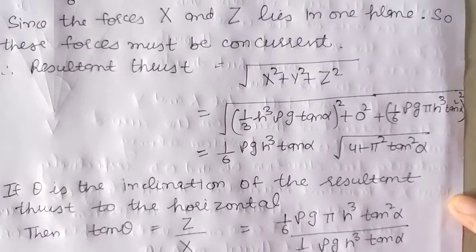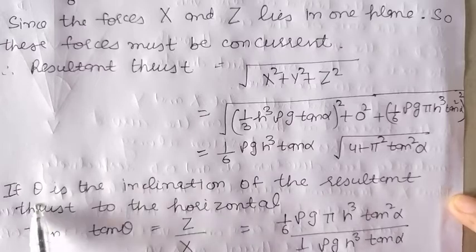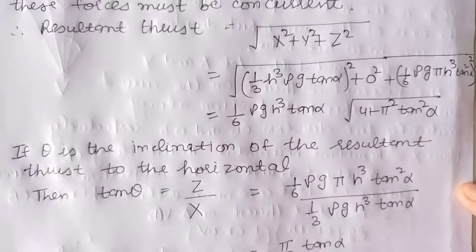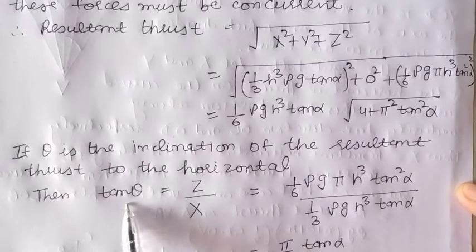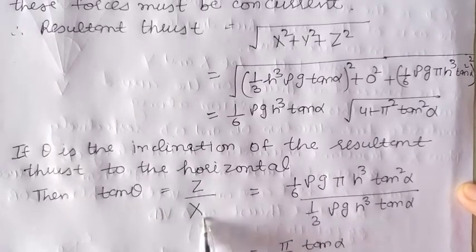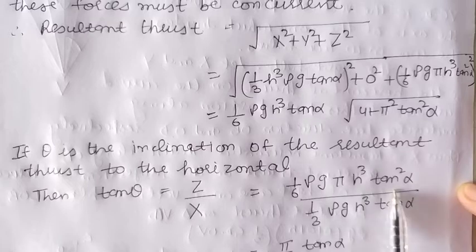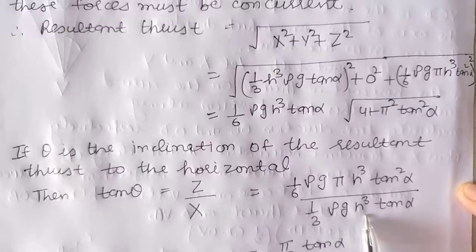Now, if we consider theta to be the inclination of the resultant thrust to the horizontal, then tan theta is given by Z upon X. Putting the values of Z and X, Z is 1 by 6 rho g pi h cube tan square alpha and X is 1 by 3 rho g h cube tan alpha.